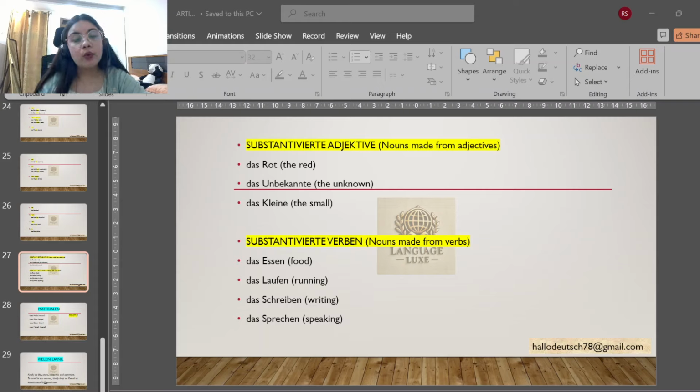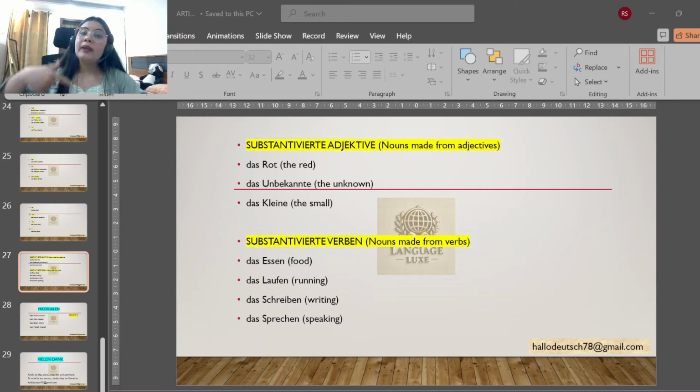But when we want to make it a noun, we simply have to add das. Das Rot. That means the red. Then it becomes a noun. Similarly, unbekannt, something which is very unknown. If we say this, then it is an adjective.